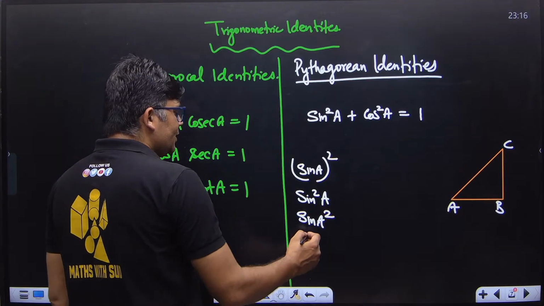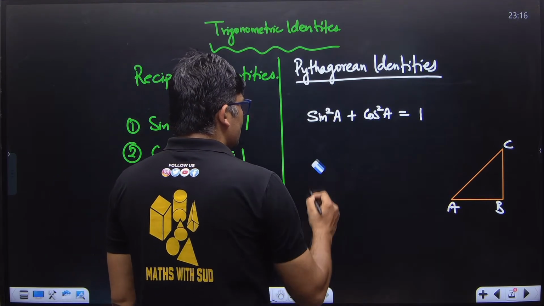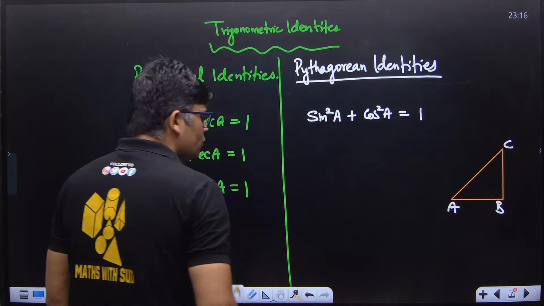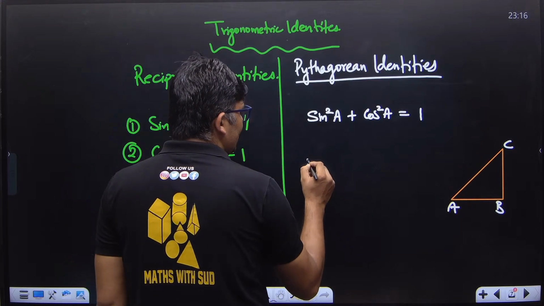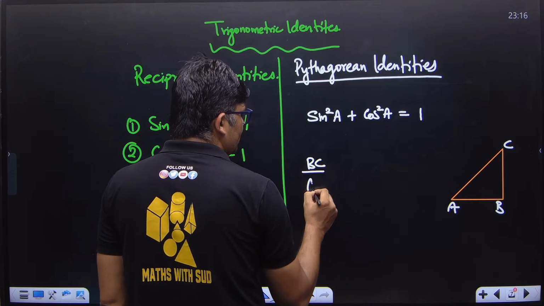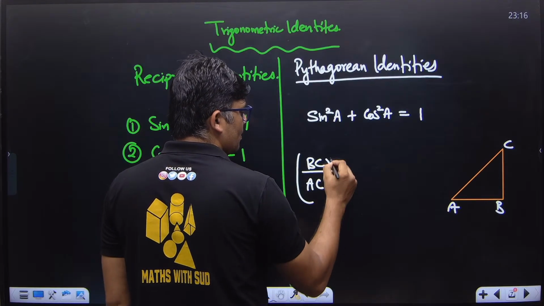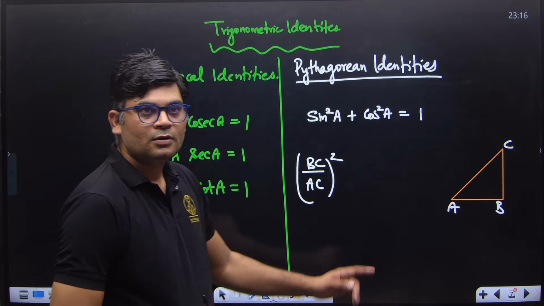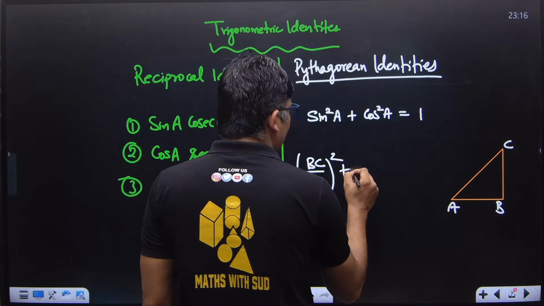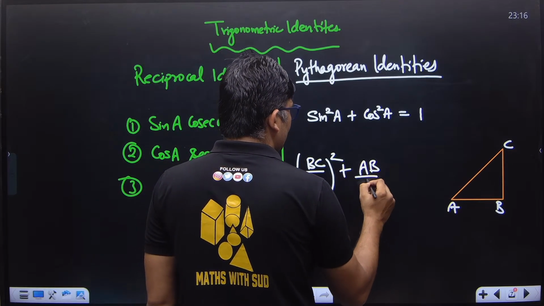So the first identity is sine square A plus cos square A is equal to 1. Let's prove it. What is sine square A? It is BC upon AC whole square. What will be cos square A? It will be AB upon AC whole square.